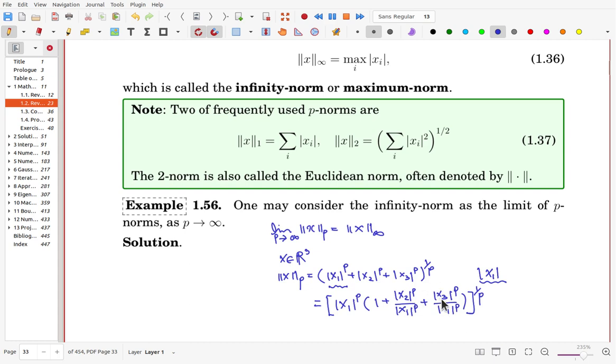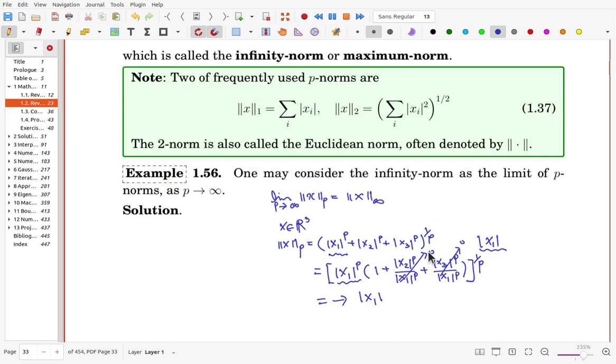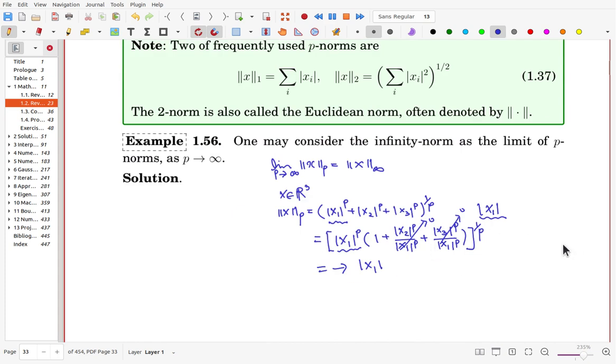The remainder is exactly the absolute value of x1. So as p increases, it converges to the maximum norm. In the beginning, we assumed that x1 is the largest one, so it becomes the maximum norm, right?